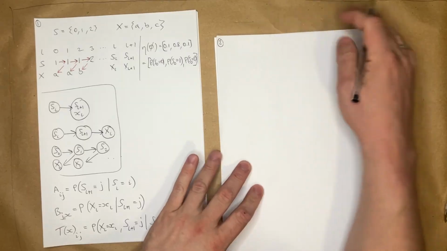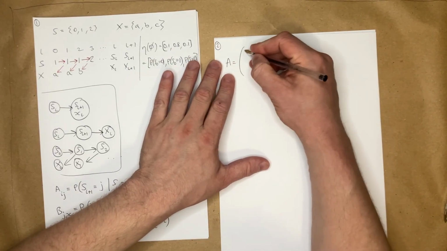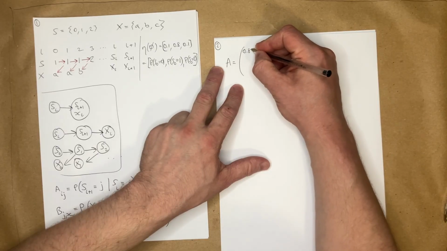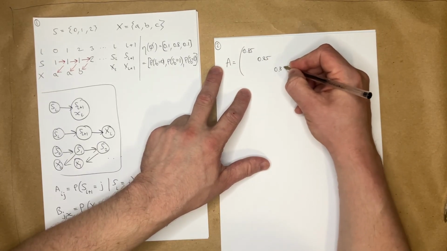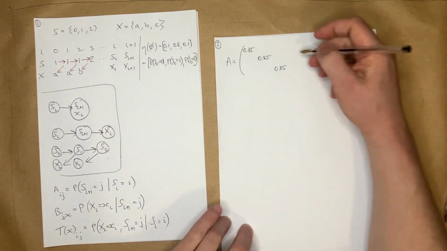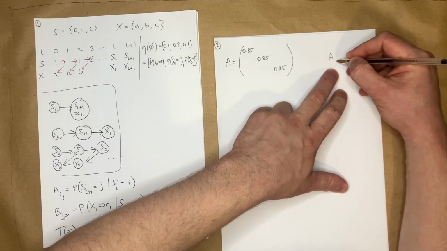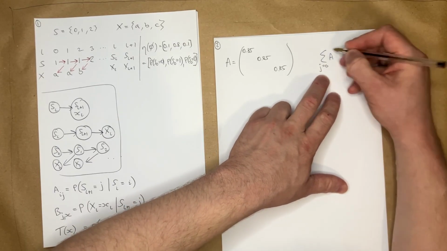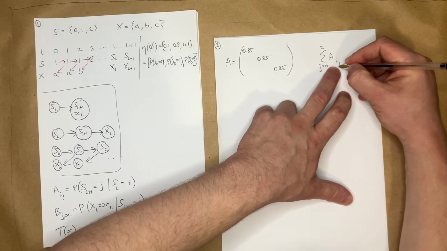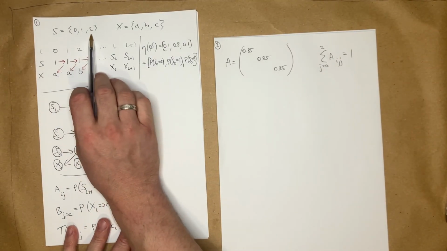So let's look at matrix A. If matrix A has large on-diagonal components, let's say 0.85, and I need to normalize this, so whatever the final state is, it has to be one of the states 0, 1 and 2.